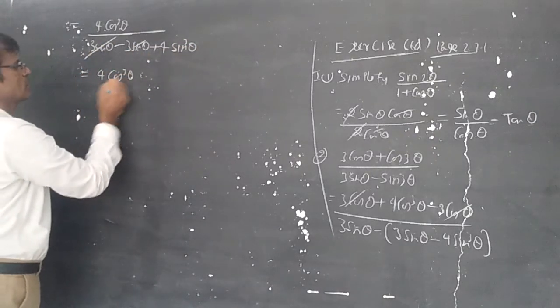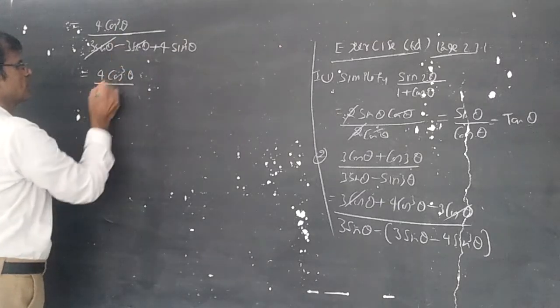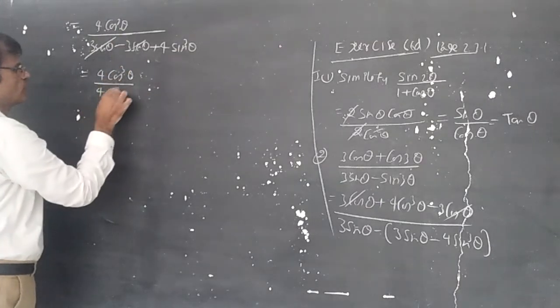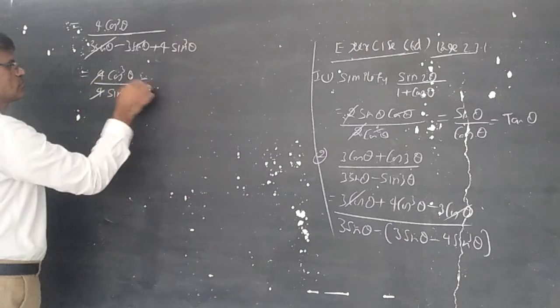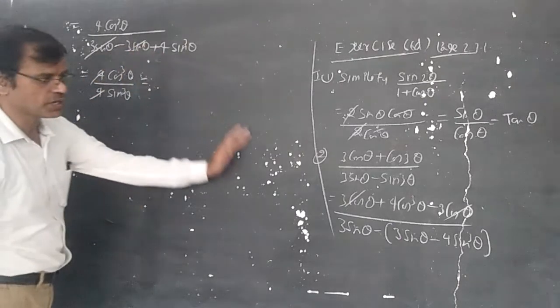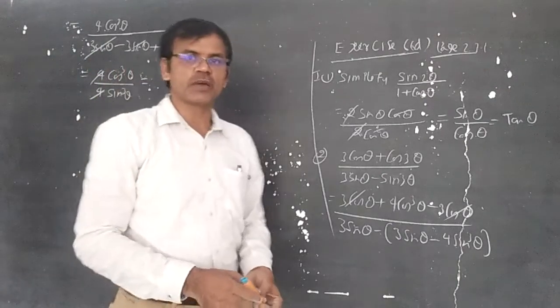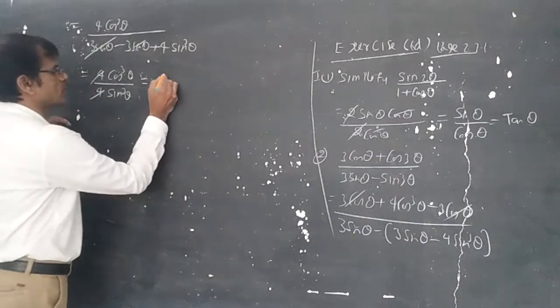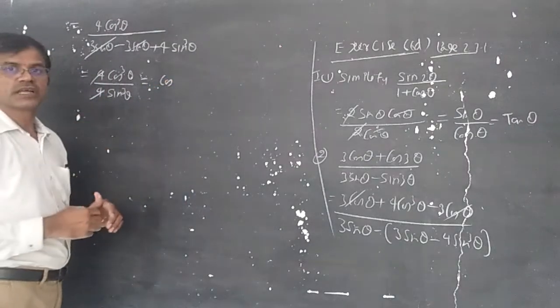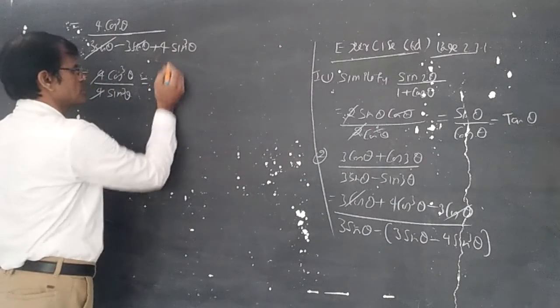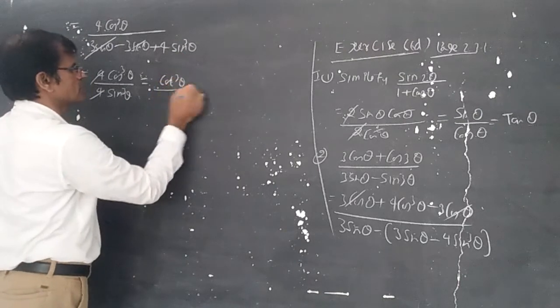So 4 cos cube theta in the numerator and 4 sin cube theta in the denominator we got. 4 and 4 get cancelled. Cos theta by sin theta becomes cot theta. So it is cot cube theta.